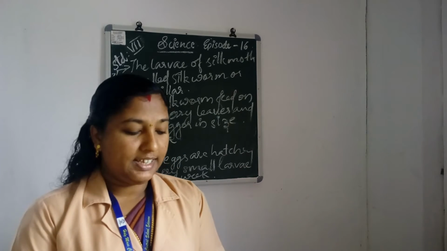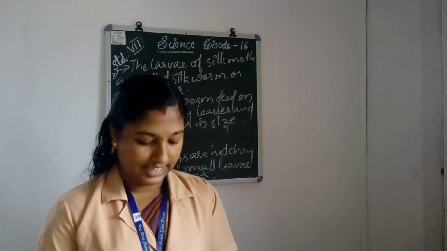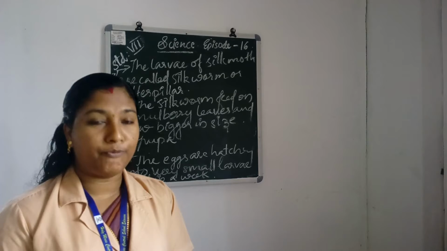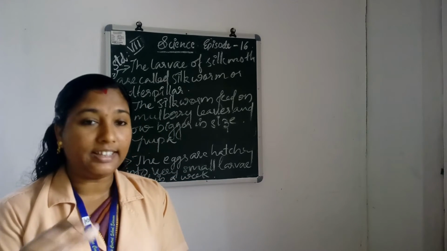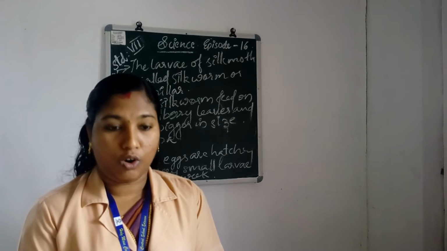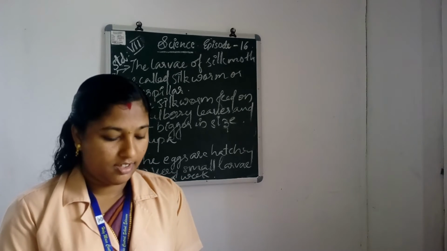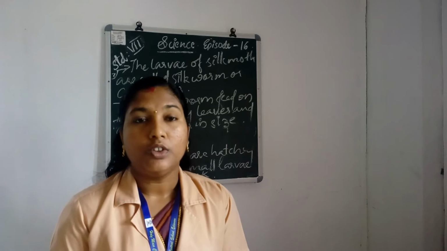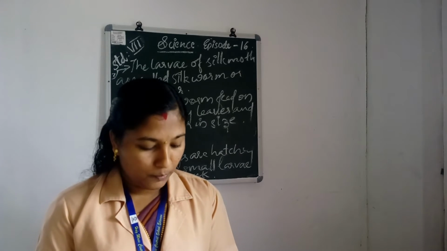Next step. What does the caterpillar do in the pupa stage? The caterpillar first weaves a net to hold itself. Then the caterpillar swings its head from side to side.